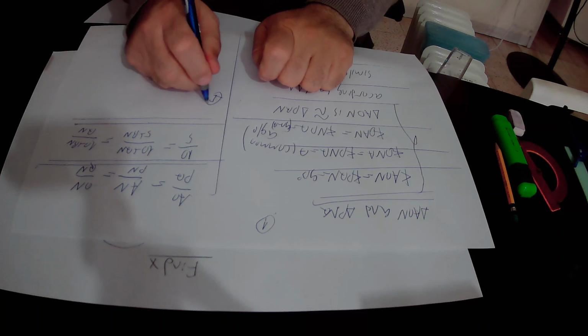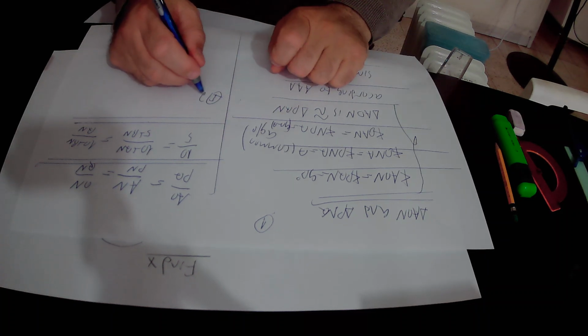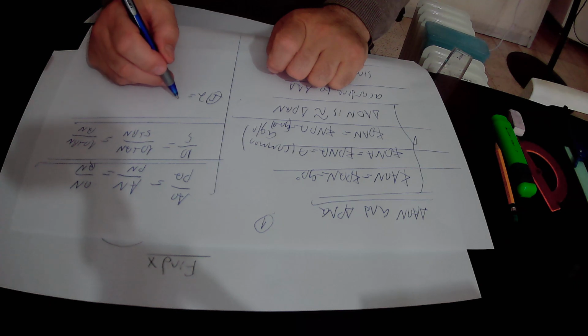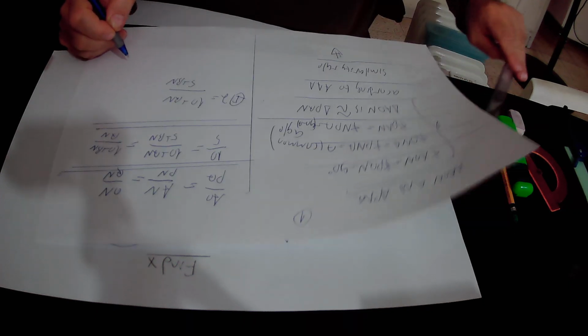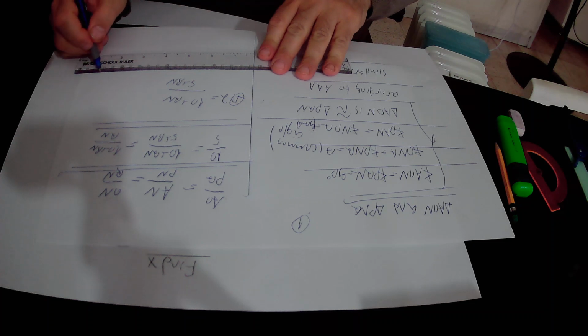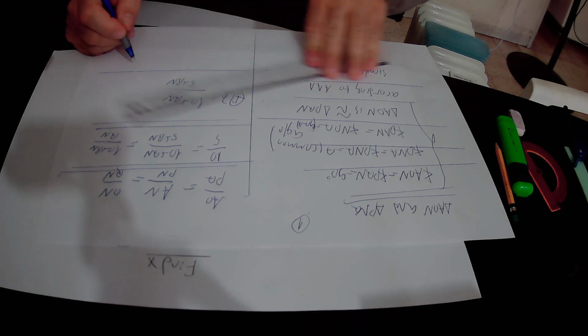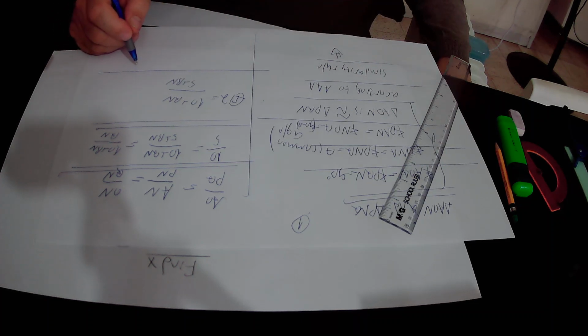According to equation number 1, we have 10 over 5, that is 2, equals 10 plus QN over 5 plus BN.